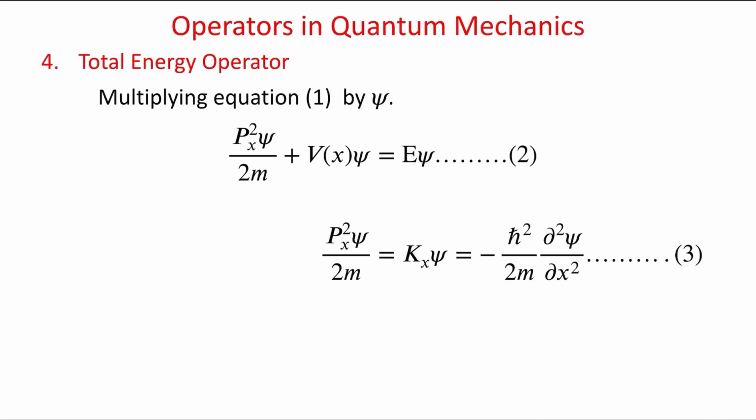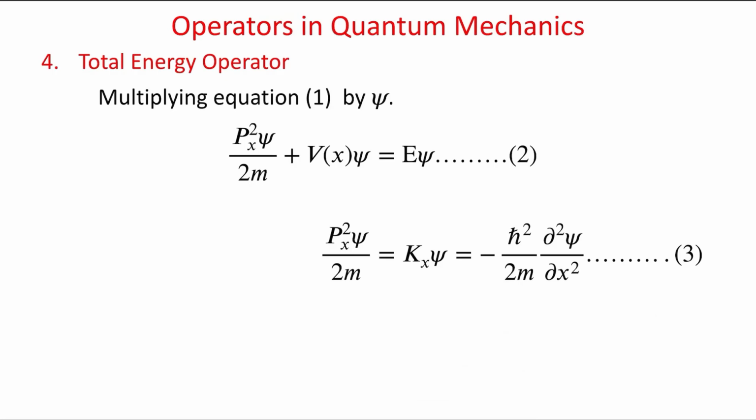But px square psi divided by twice m, this is equal to the x component of kinetic energy, Kx psi, and this is equal to minus h cross whole square divided by twice m del square psi upon del x square. This is our equation 3.